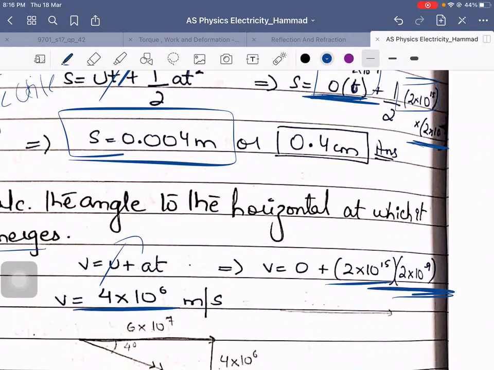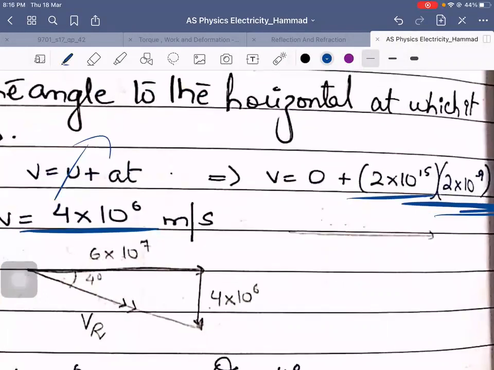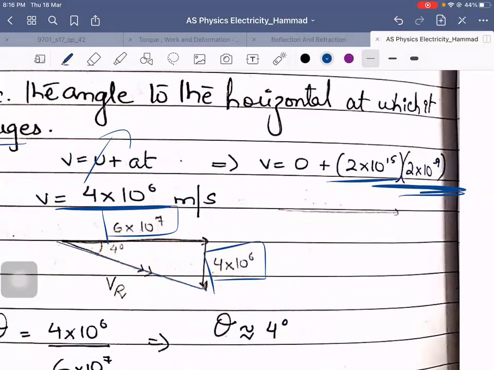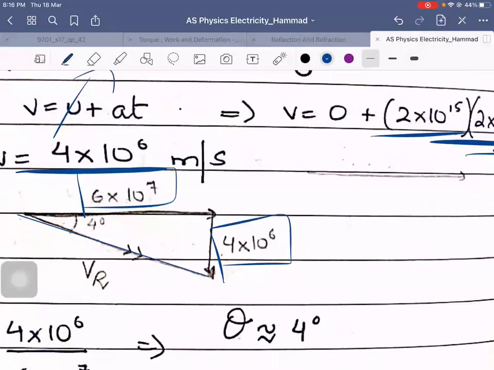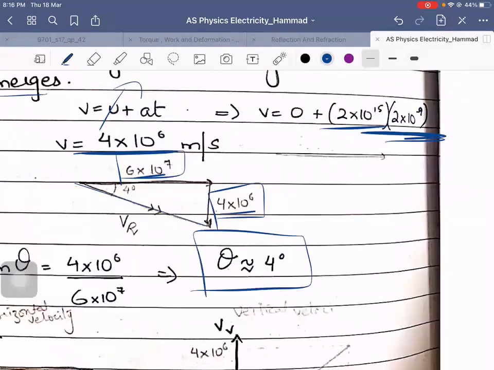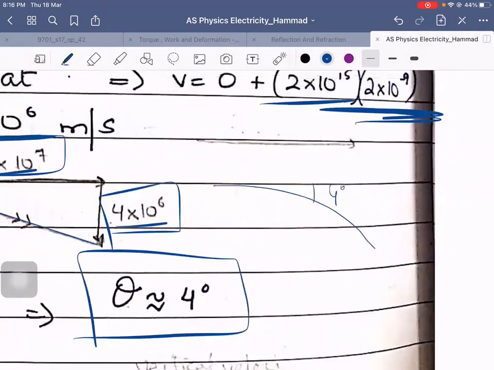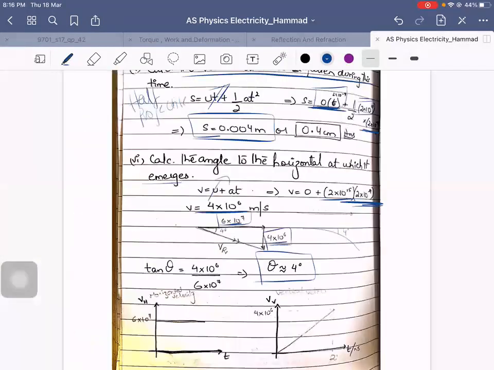Now you need to understand that the electron moved downwards. It was horizontally traveling initially before entering the electric field, and the resultant velocity can be worked out using tan theta is equal to 4 × 10^6 divided by 6 × 10^6. You can work out that the projectile deviated at an angle of 4 degrees.